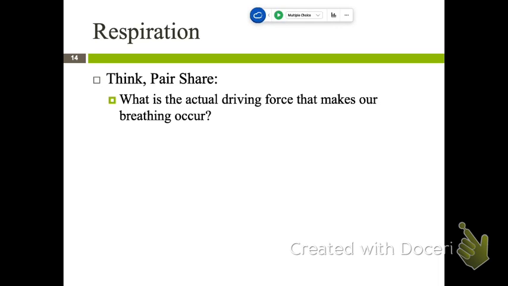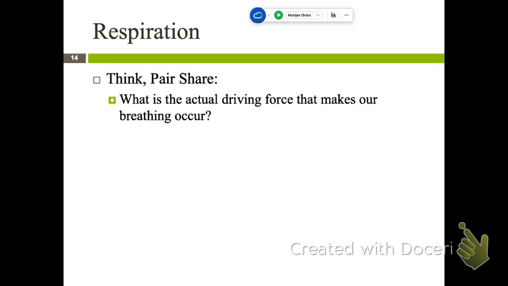Can you maybe restate that as a full sentence, including pressure? So, yeah, the physical change in volume of our lungs to allow an increase and decrease of pressure to allow more oxygen to go in or out.